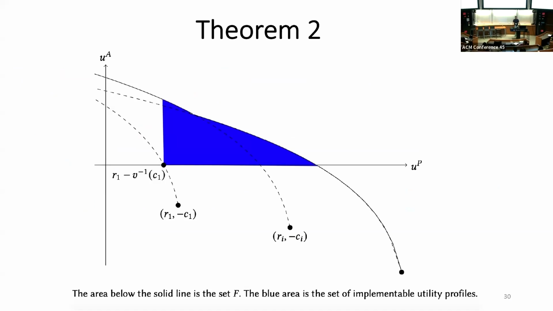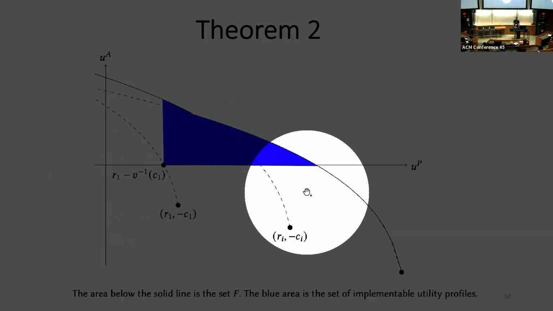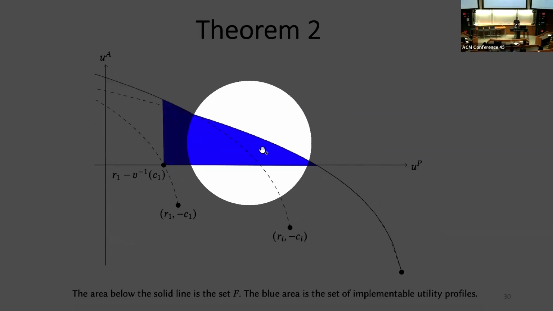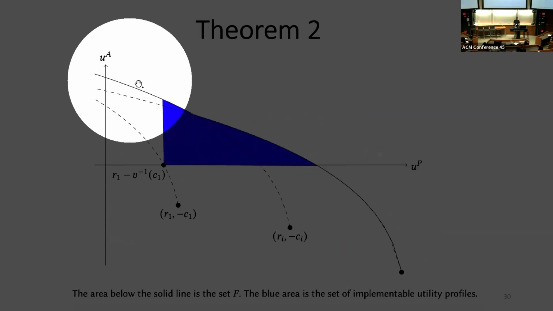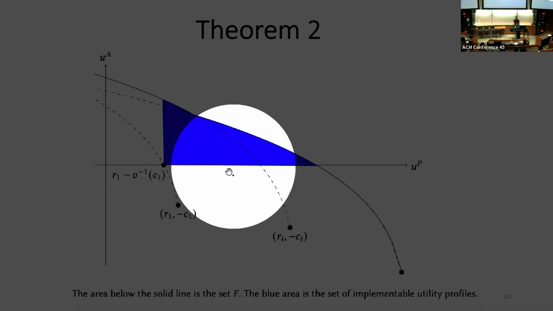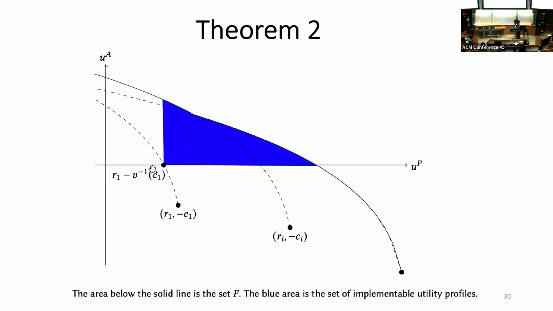And here you can see that the set of all possible, but not necessarily implementable, utility profiles is the union of the set of points below some concave functions based on V. And if you want to talk about all the implementable actions, then you just have to use the threshold, cutting the utility of the agent at 0, and the utility of the principal at this value that originated from the contract that implements the least costly action.